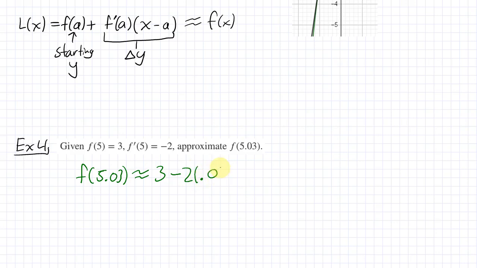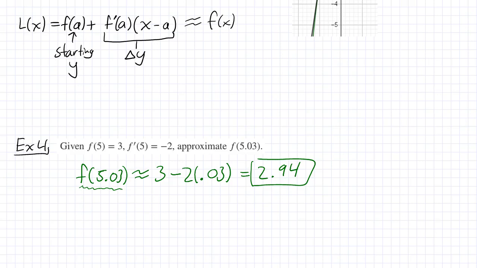So that's the 5.03 minus 5 here, and you get 3 minus 0.06, which is 2.94, I believe.